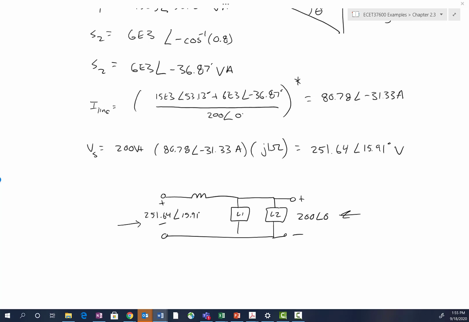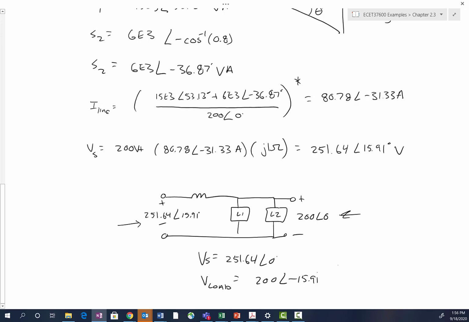So it would be just as correct if you were to write V source equals 251.64 angle 0 degrees and V load is equal to 200 angle negative 15.91 degrees. That would be fine.